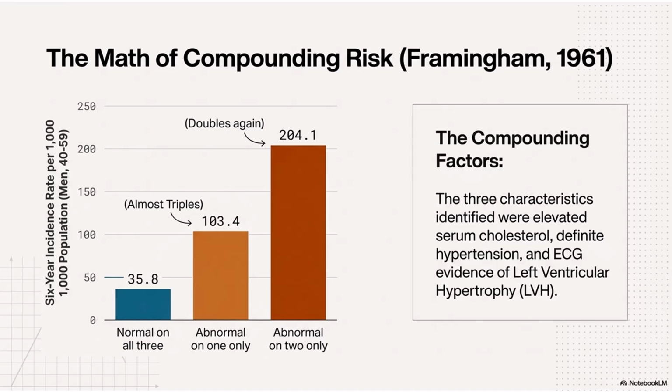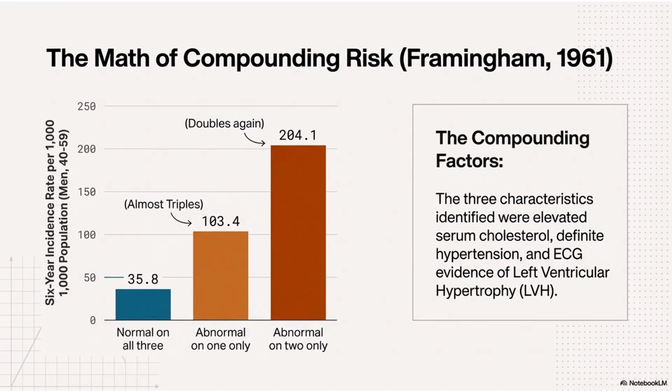If all three major characteristics were normal, the incidence was around 35.8 per 1,000. If one was abnormal, the incidence rose to about 103.4 per 1,000. That is almost triple. If two were abnormal, the incidence rose to about 204.1 per 1,000. And that is not a tiny increase. That is a risk explosion.